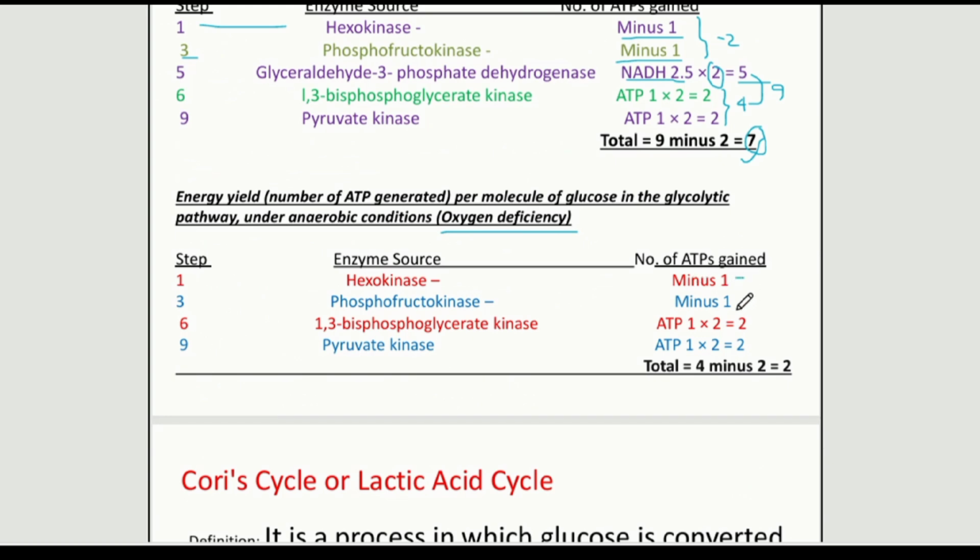In the third step also one more ATP molecule is used. After that, 2 and 2, 4 ATP molecules are produced. So 4, and from there we are getting minus 2. So 4 minus 2: in anaerobic condition we are getting a total of 2 molecules of ATP after glycolysis.